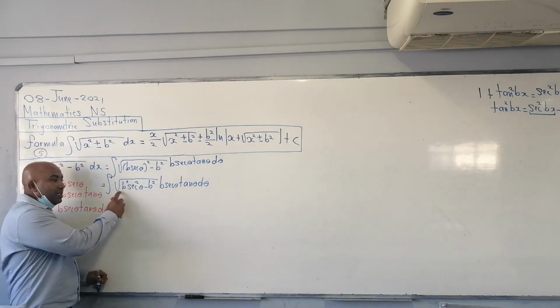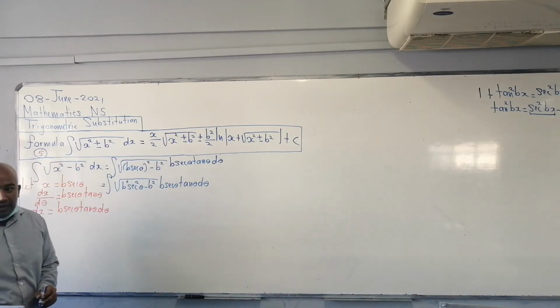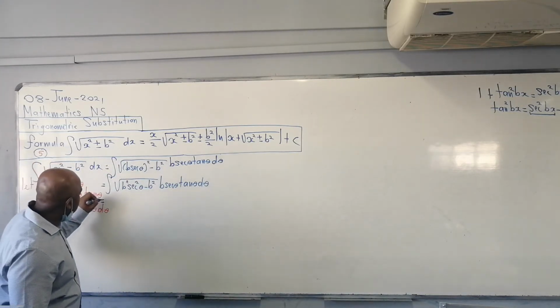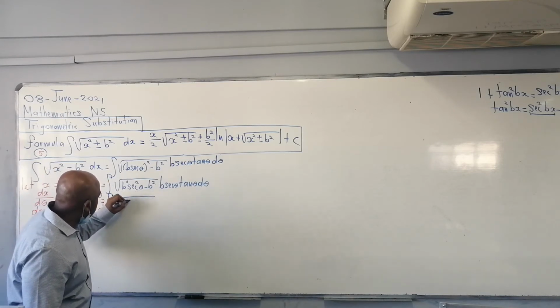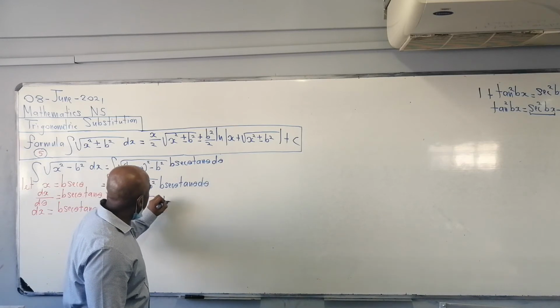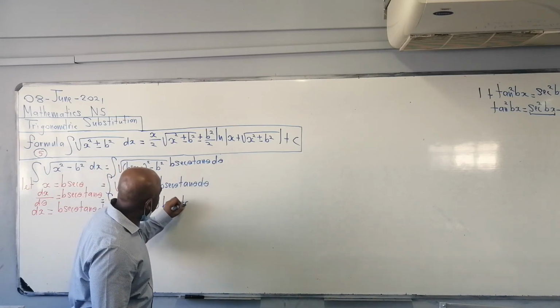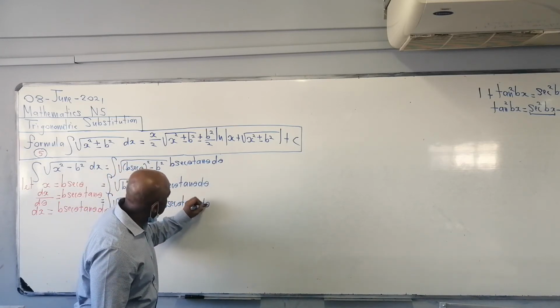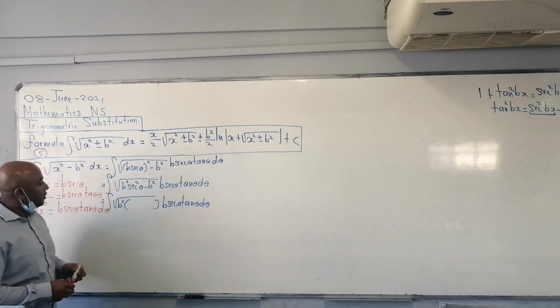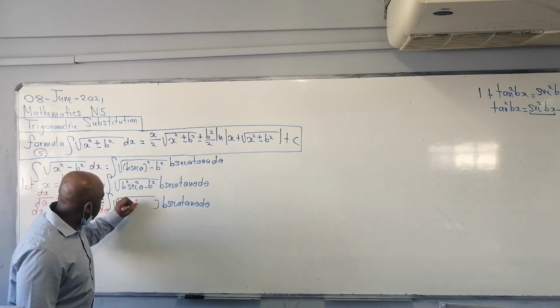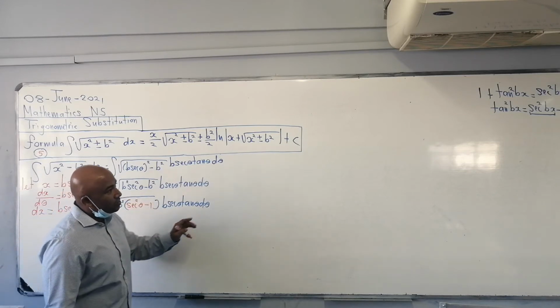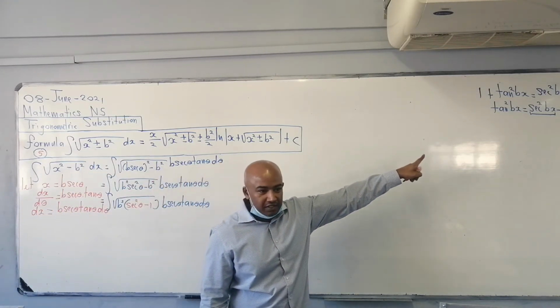So the whole idea now is to take out b squared as a common factor. So if I take out b squared as a common factor there, let's see what I am going to be left with. I'm left with sec squared theta minus 1, which is exactly what I wanted there. Can you see that?